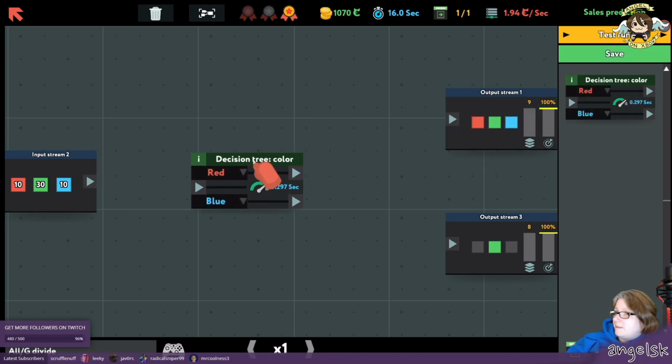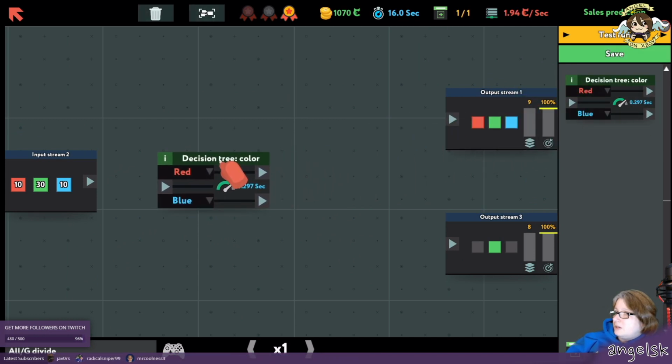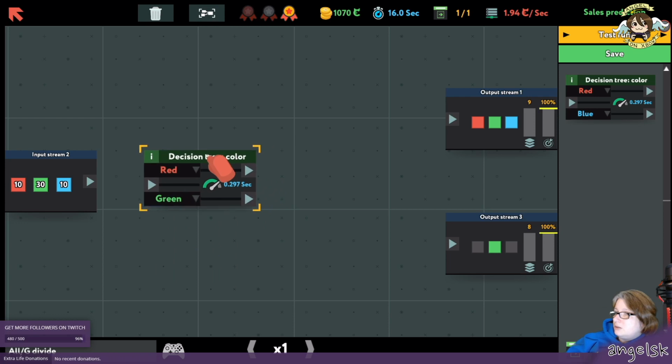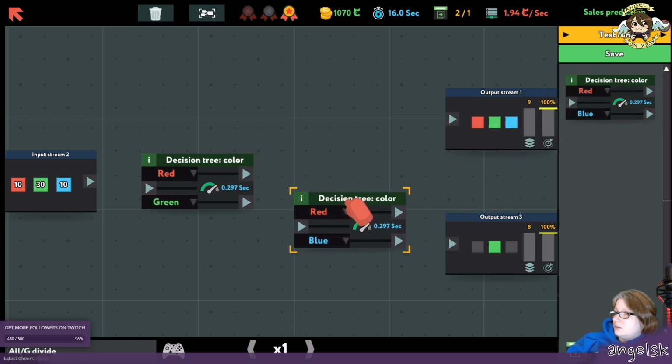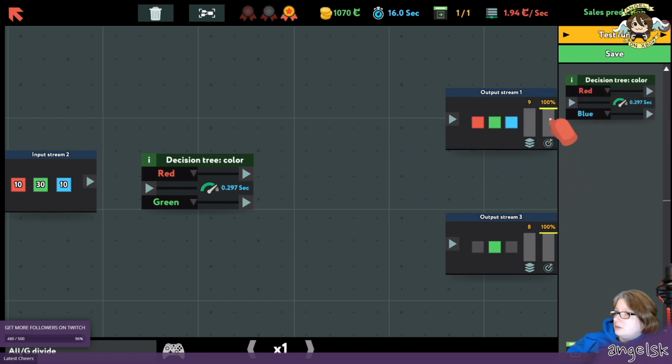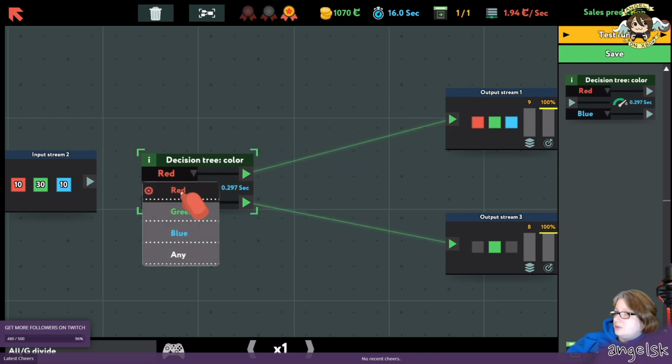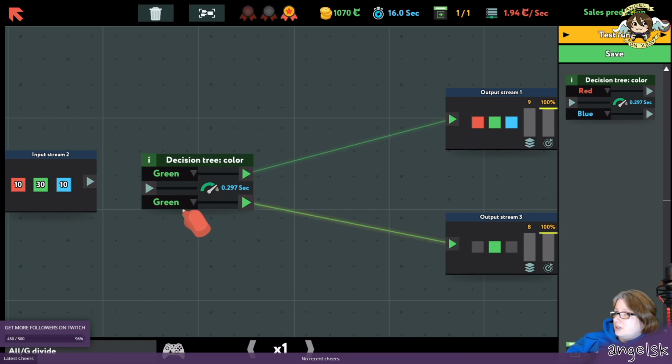Color. Okay, so green. Oh, okay. It's just some at the bottom are going to get some blues. Oh, unless we do green. Any.